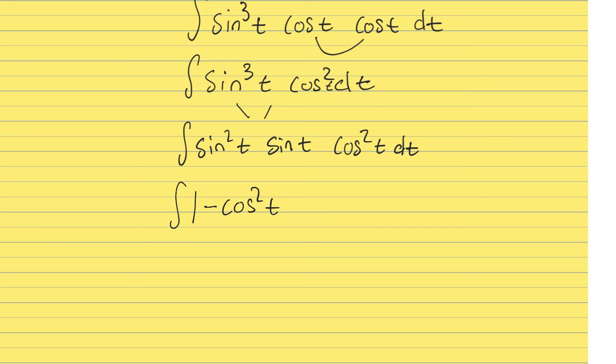So we're going to do that. And we don't want to change our cosine squared because cosine is going to be the one we're going to use for our u. So if we were to use u as cosine t, our du would be negative sine t dt.